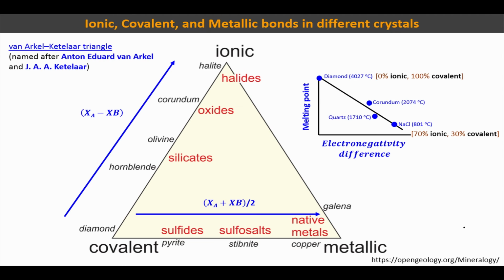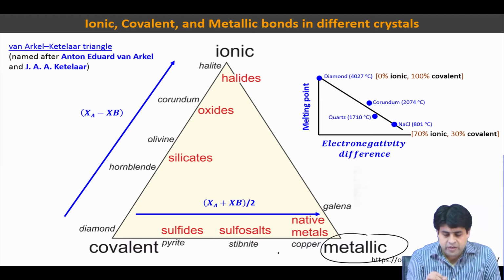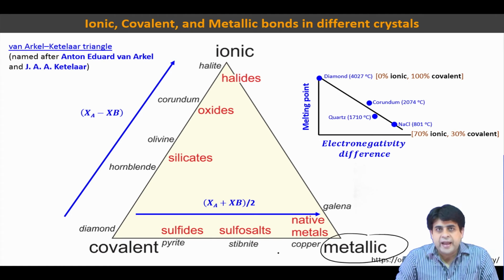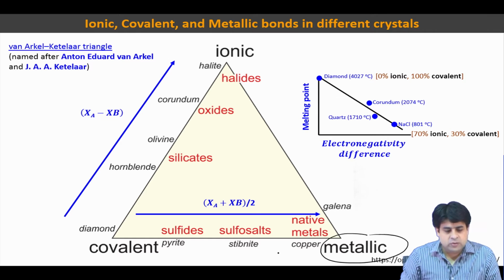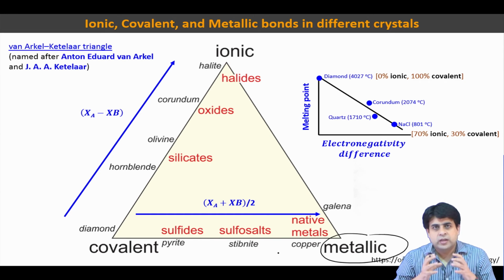What they did was give a concept in which you can calculate not only ionic and covalent character, but they added the metallic bond also. This is a very famous triangle, called the Van Arkel Ketelaar triangle, and in this triangle you can know what would be the percentage of ionic, covalent and metallic character in a mineral.